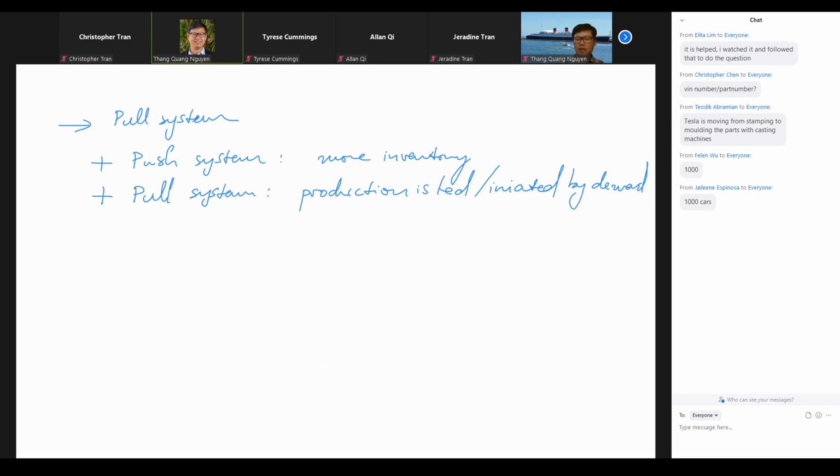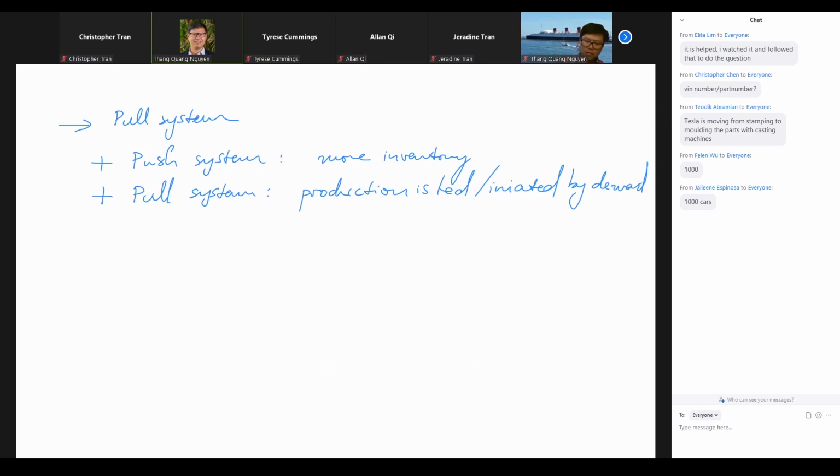So in that case, the production just equals exactly the demand. So in that case, they don't have any inventory. They finish a car and then they will ship it out, right? So with that system, normally we do not see much inventory.